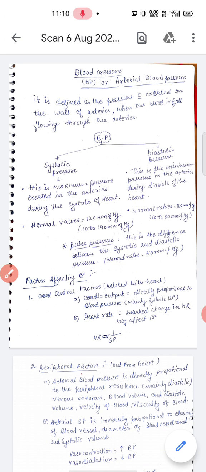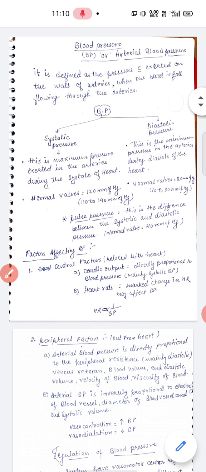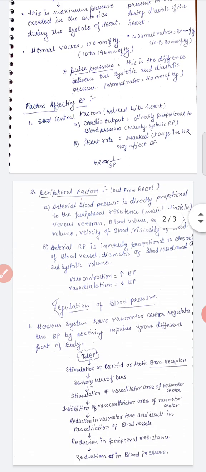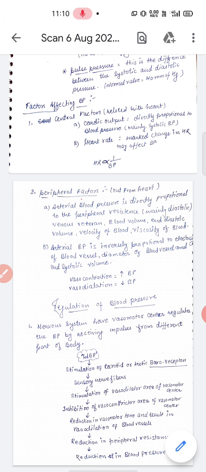Now we are discussing which factors can affect your BP or blood pressure. These factors may be classified into two categories. One is cardiac, or also called the central factors. In the central factors, we discuss the factors which are directly related to the heart, and these are: first, cardiac output.